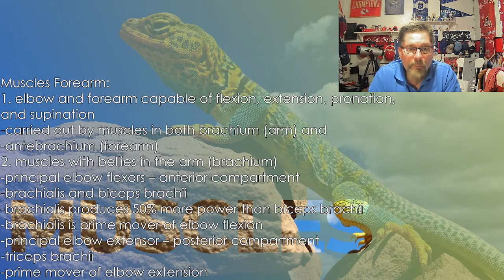Now, when we're talking about muscles of the arm, one of the things we want to emphasize right up front is the fact that along with talking about the names, we're going to be talking about the actions as well.